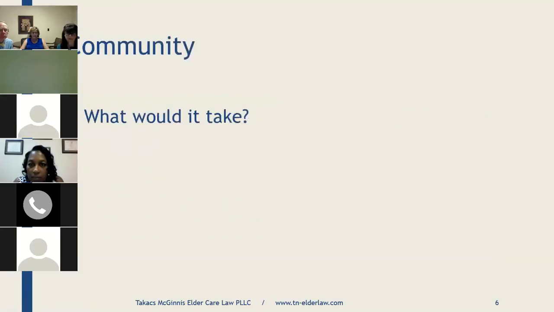Next, community. For someone to continue to live in their home in the community, ask yourself, what would it take for that person to be safe there? What kind of resources need to be mobilized? What kind of securities put in place?